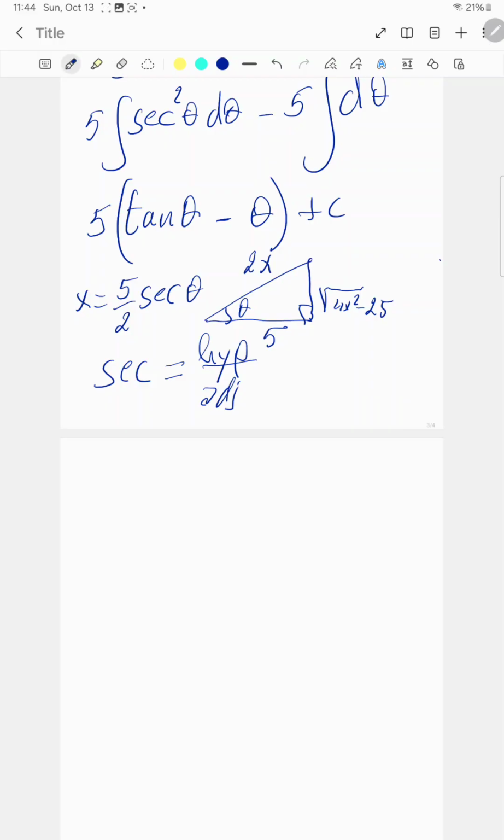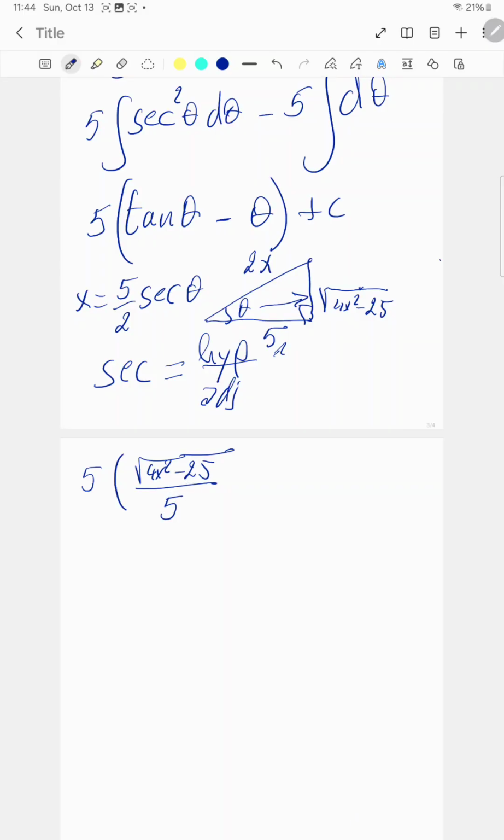Now I have tan of theta. I know the tan is opposite divided by adjacent. So the opposite of my theta is the square root of 4x squared minus 25, and the adjacent is 5. So here I would have the square root of 4x squared minus 25 divided by 5.